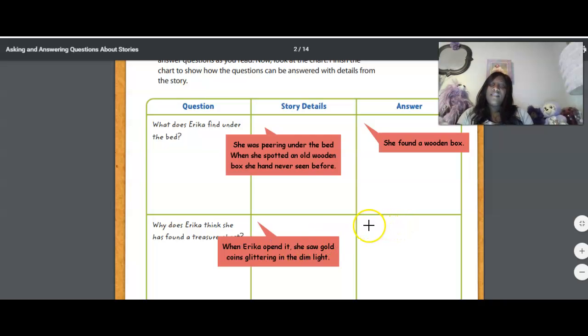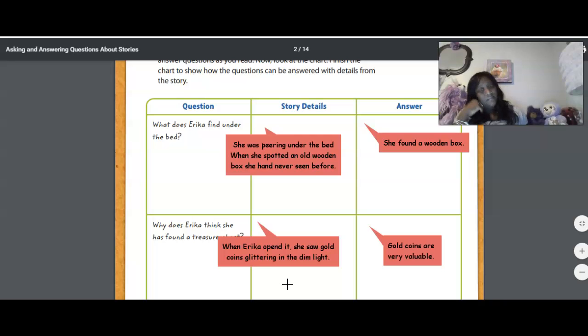But when I just want to simply answer it using the story details, I'm going to look at the question again. Why does Erica think she has found a treasure chest? And the answer is gold coins are very valuable.